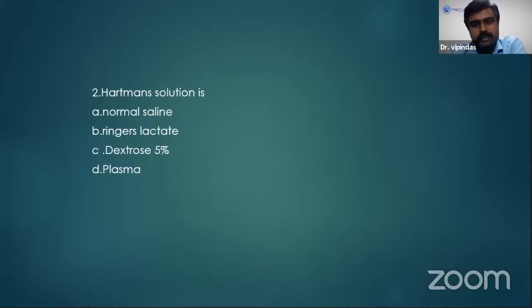Yes, very good. That is Ringer's lactate solution. It contains all the electrolytes, so it should be used in hypovolemic shock. In hypovolemic shock, the IV fluid of choice is Ringer's lactate. The other name for Ringer's lactate is Hartmann solution. Hope it is clear.